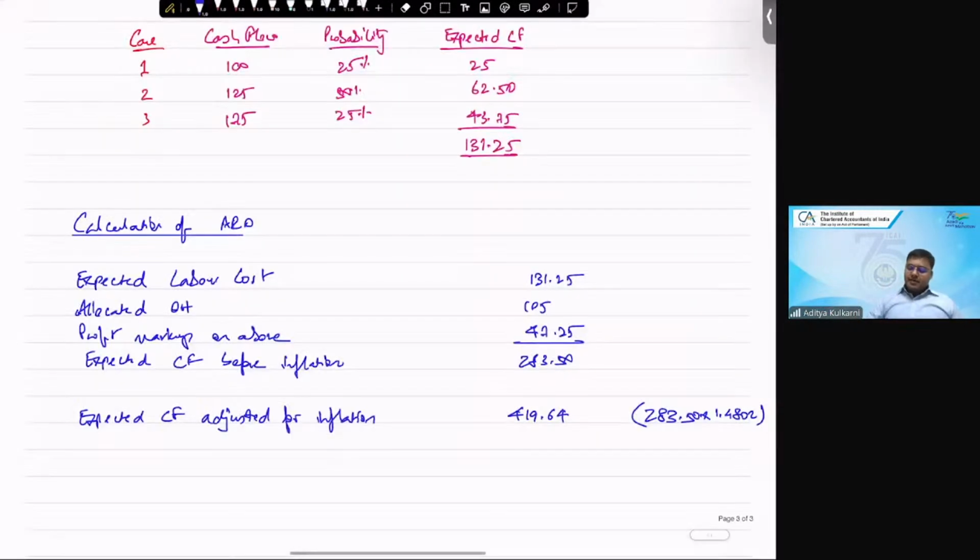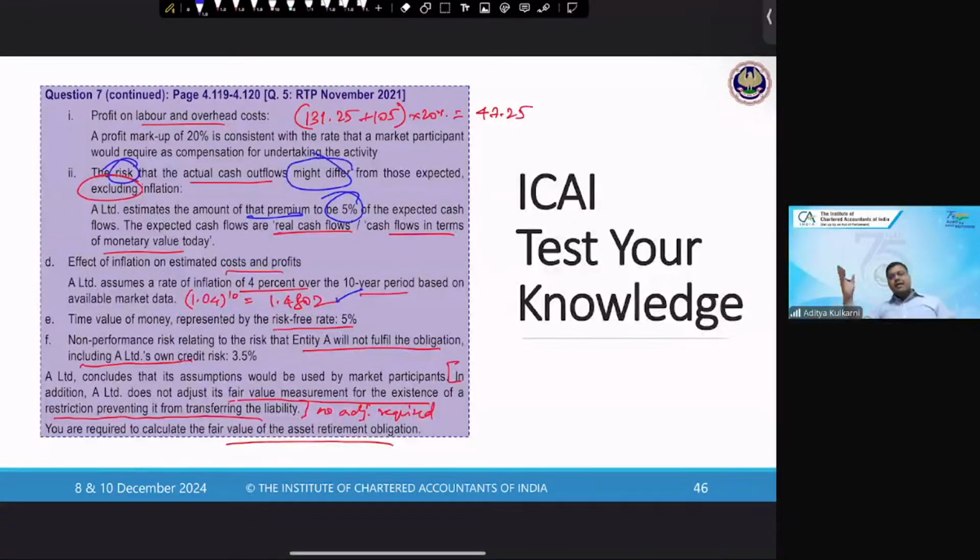So as of today it comes to 419.64. But tell me one thing. Am I an astrologer with 100% accuracy of how much I will incur in the future? No, I am not, we don't know. So is there a chance that the amount to be paid after 10 years can differ? Yes, sir. So that uncertainty in cash flow has a premium of 5%.